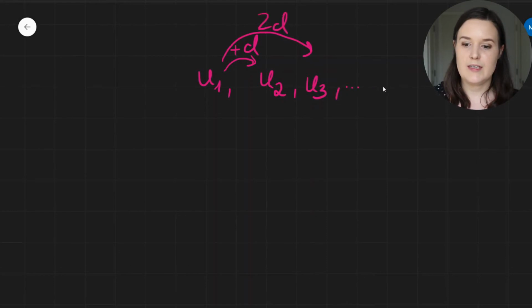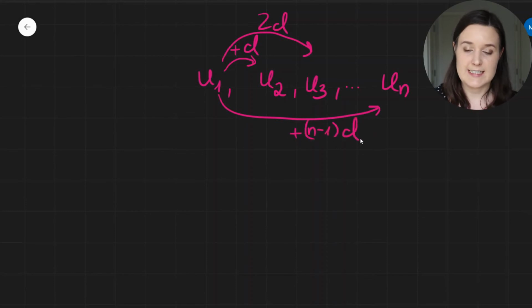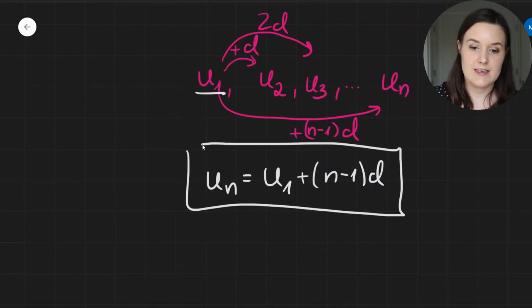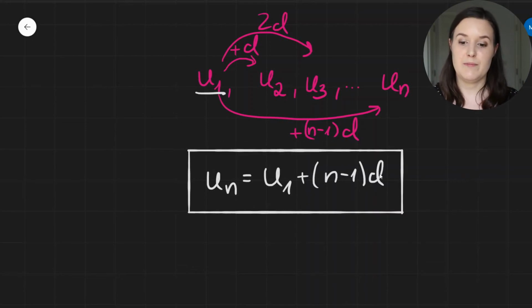So to get to the nth term, I add n minus 1 differences. So in general, un, the nth term, is our u1 when we started, plus n minus 1 differences. That is the key. If we remember this formula, everything will be fine.